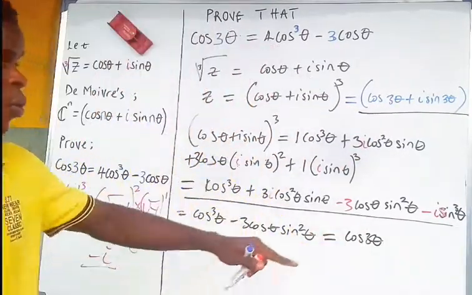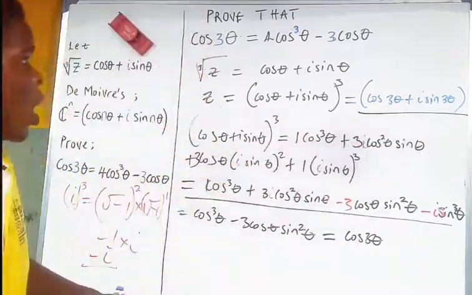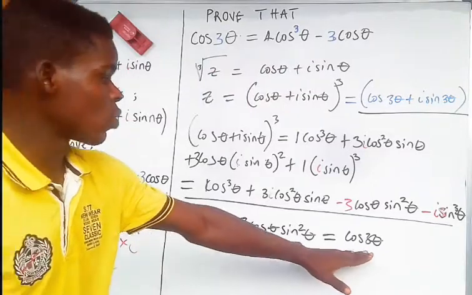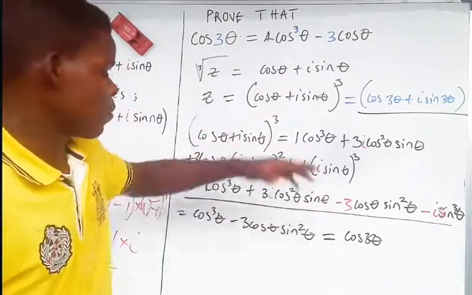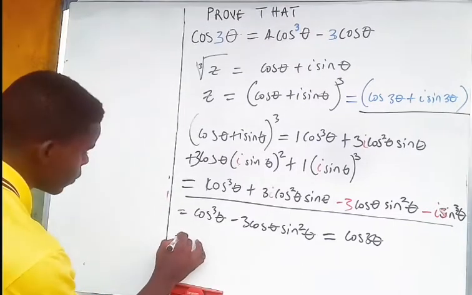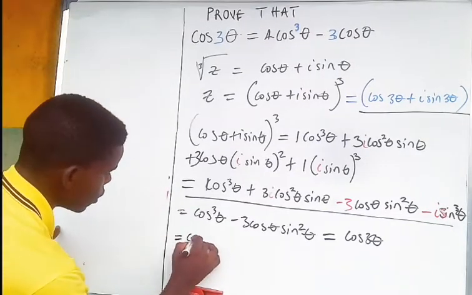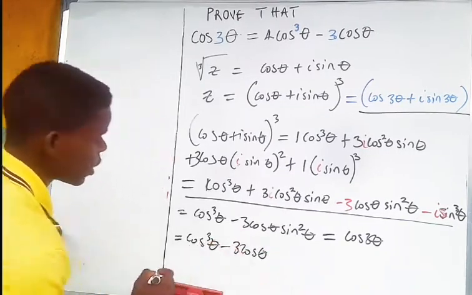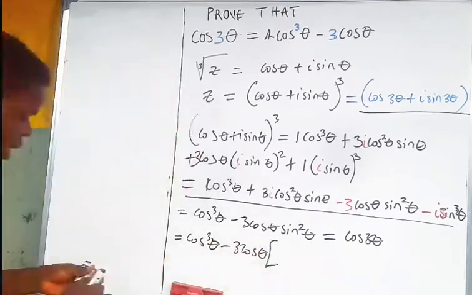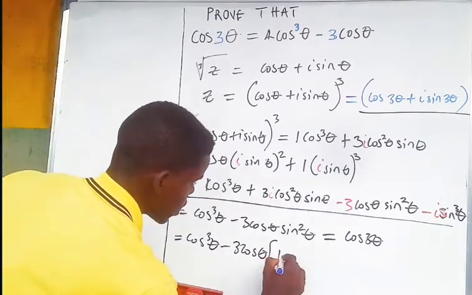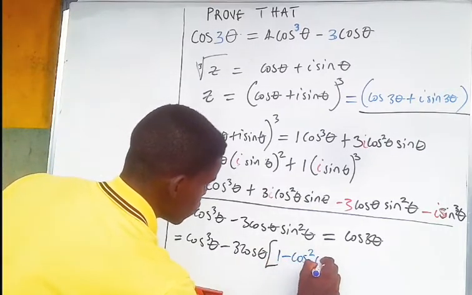In this case, we are not going to group the imaginary part because our aim is to prove that this is equal to this. So already we've gotten cosine 3 theta equal to this part. Let's prove this. Cosine 3 theta equals cosine cube theta minus 3 cosine theta sine squared theta. Now, sine squared theta is simply 1 minus cosine squared theta, so we're going to change everything to cosine.